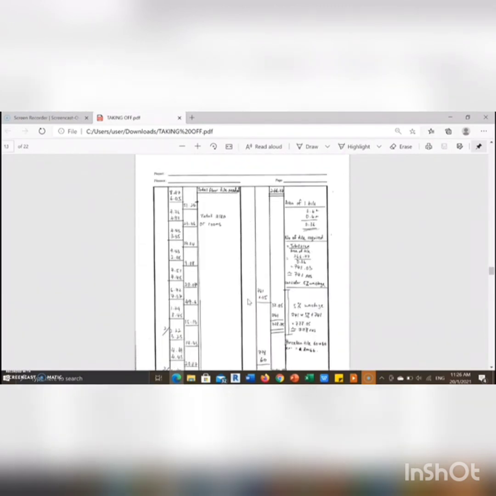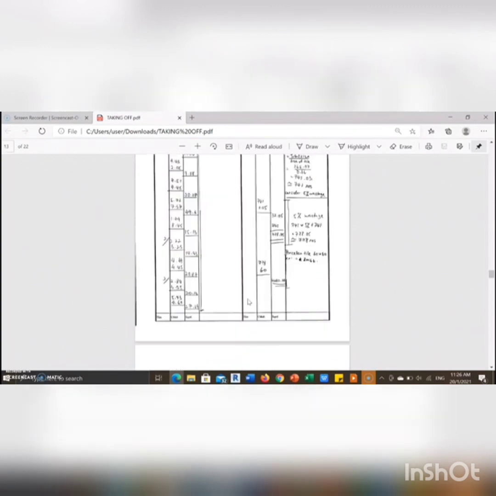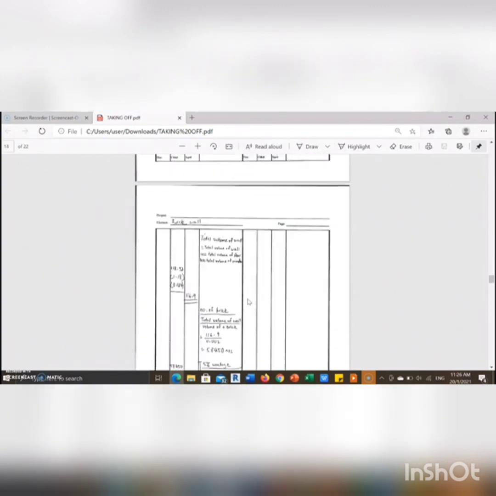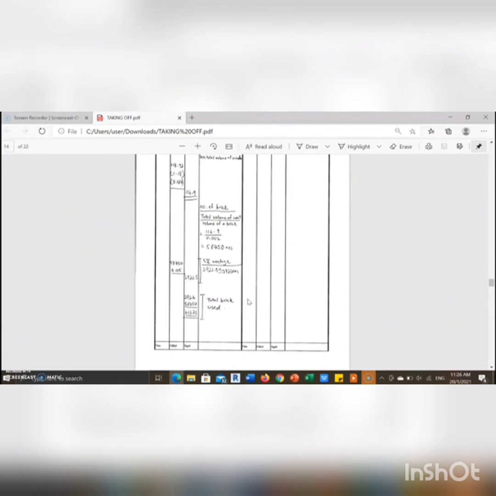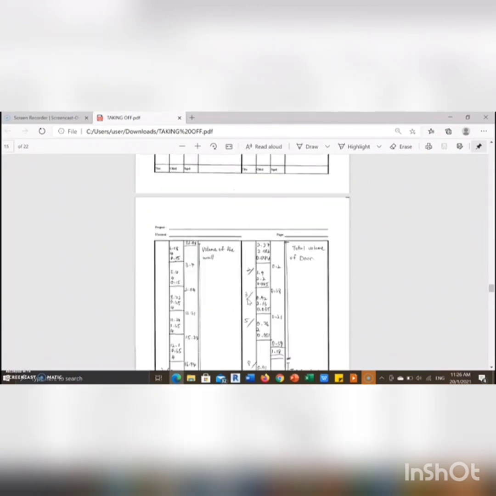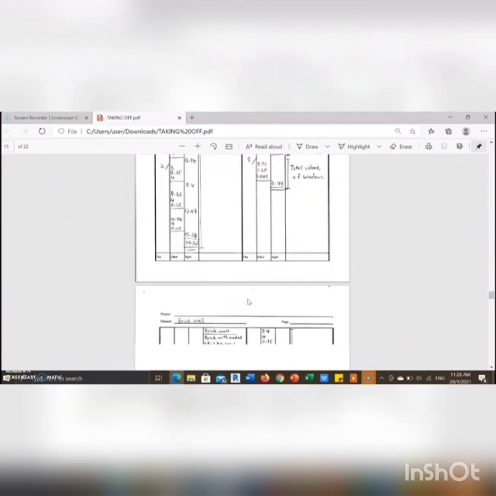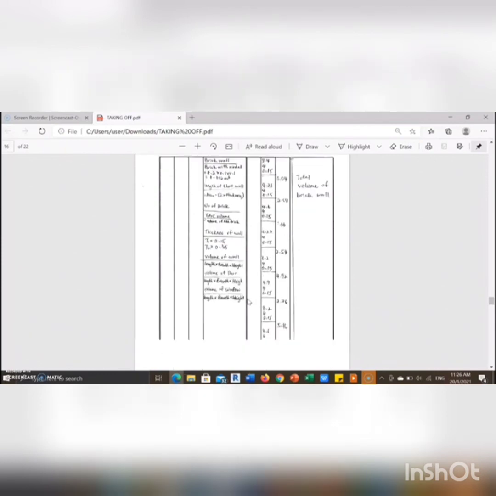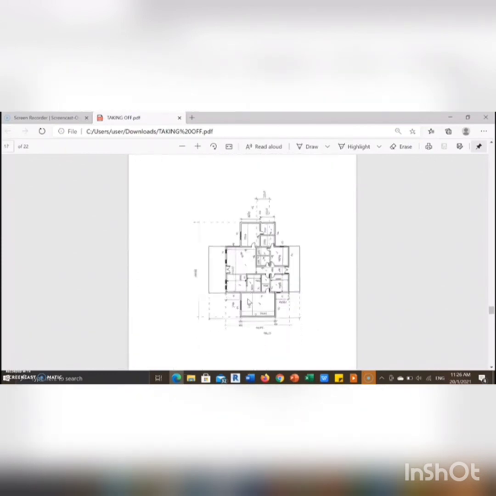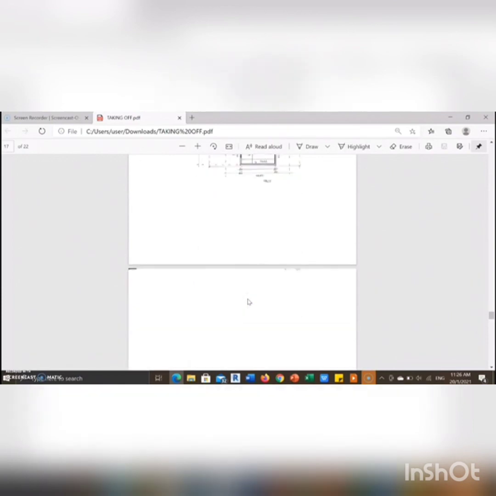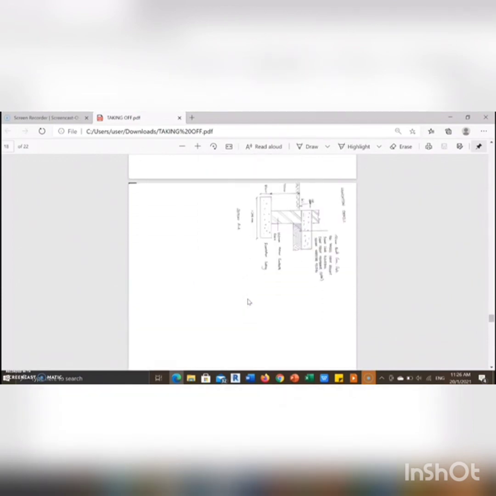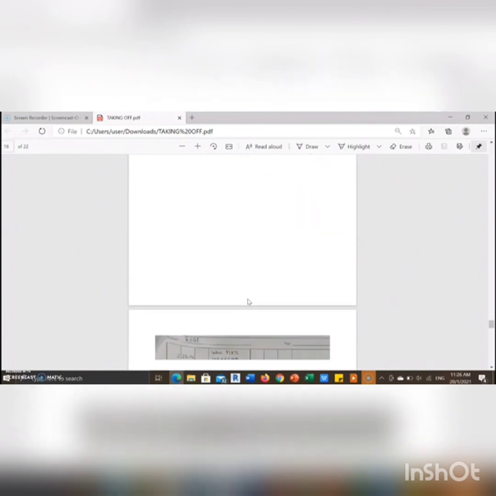This is total floor tile needed, total volume of wall, volume of the brick wall, and this is our floor plan, and this is the foundation details.